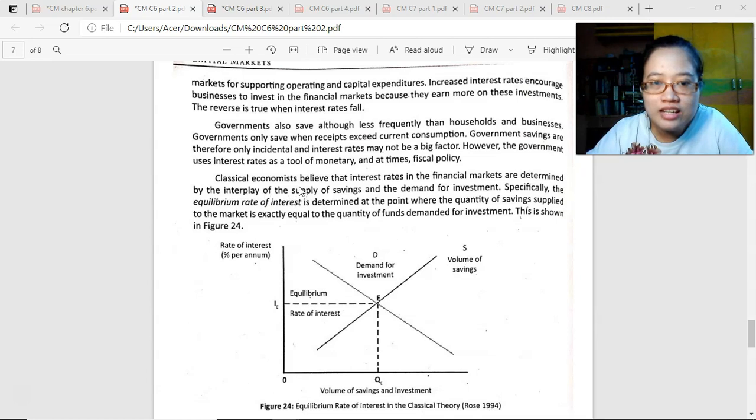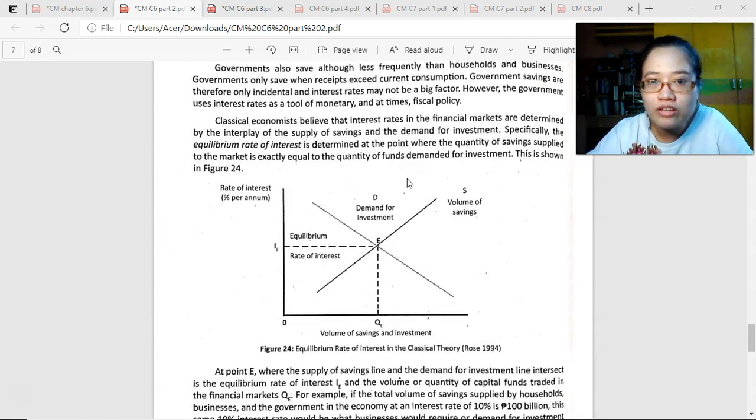Okay? Classical economists believe that interest rates in the financial markets are determined by the interplay of the supply of savings and the demand for investment. Okay? Supply of savings, yung mga tao na nagsisave ng kanilang pera sa mga financial institutions or the capital market. And then yung demand for investment, ito mga businesses na nangangailangan ng funding for their operations or probably expansion.